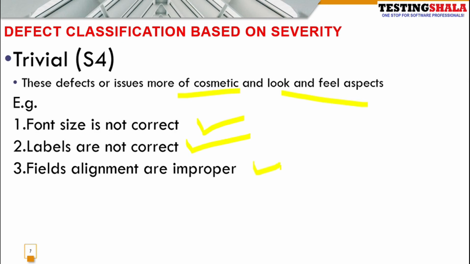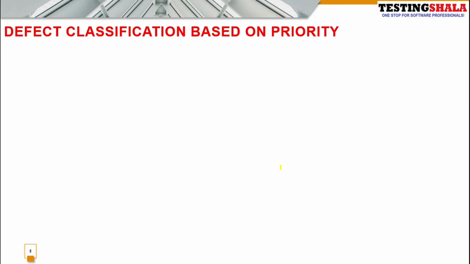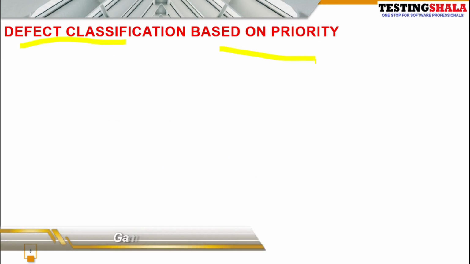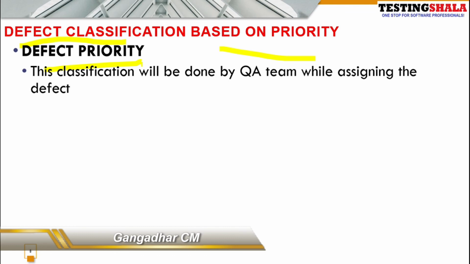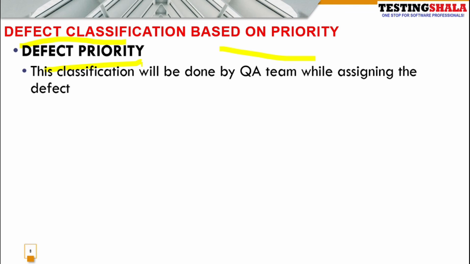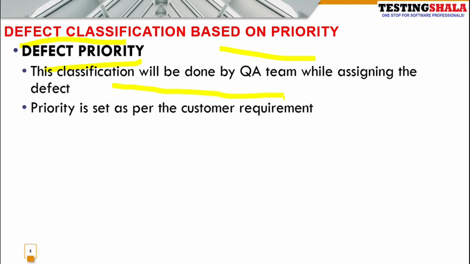The next type of defect classification is based on priority. First, we will understand what defect priority is all about. During the defect logging mechanism, when the QA team logs the defect, normally they will start with the severity and also assign a certain priority to the defect based on their understanding of the customer requirement.